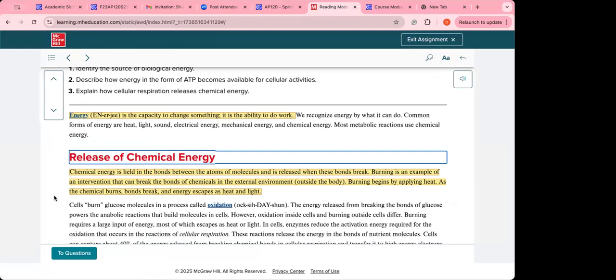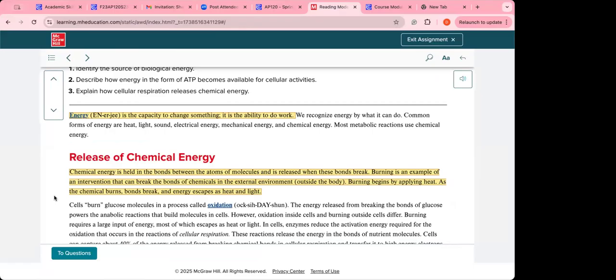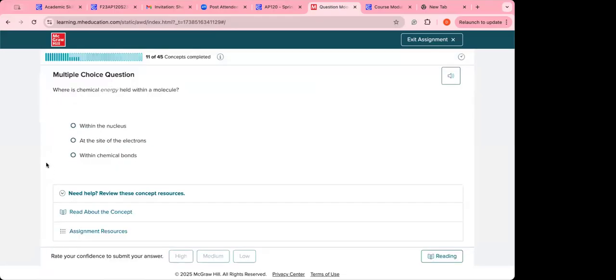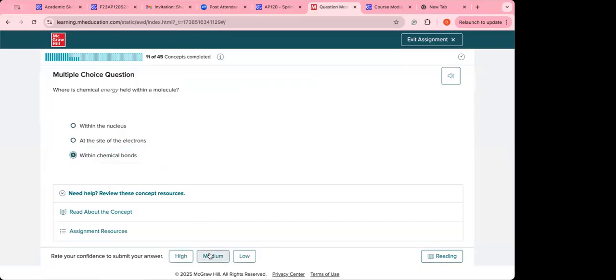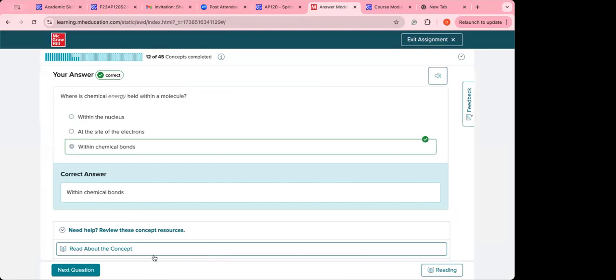I'm reading under release of chemical energy, the first sentence: chemical energy is held in the bonds between the atoms of molecules. Okay. Right.